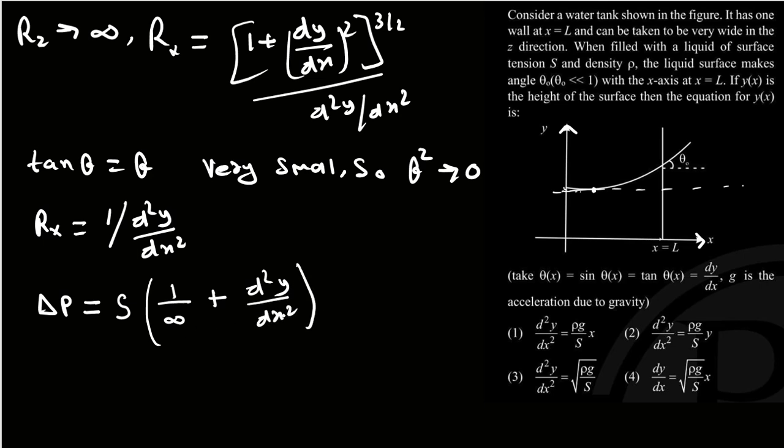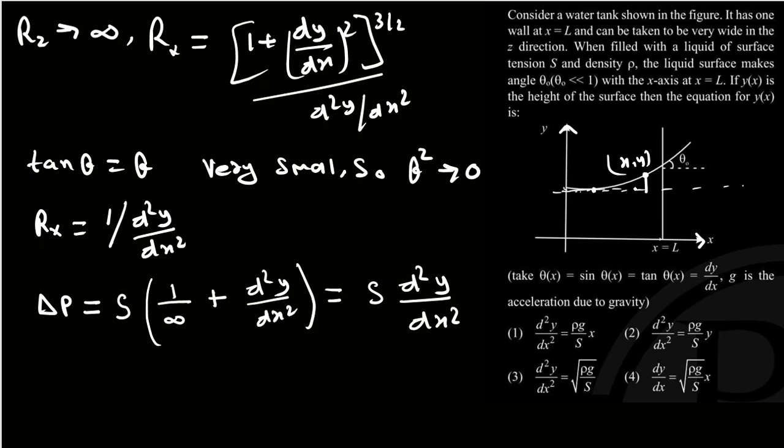And we all know 1 by infinity is 0, so actually this is going to become S into d square y by dx square. Now at any point here, if this height is y, when we write the function at this point, we say this point is (x, y). So this height is y.